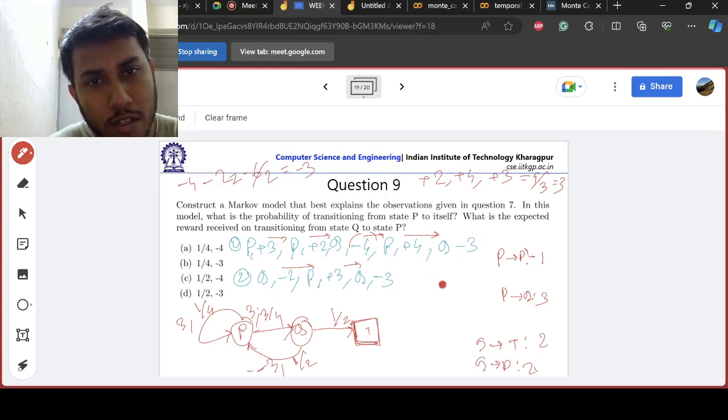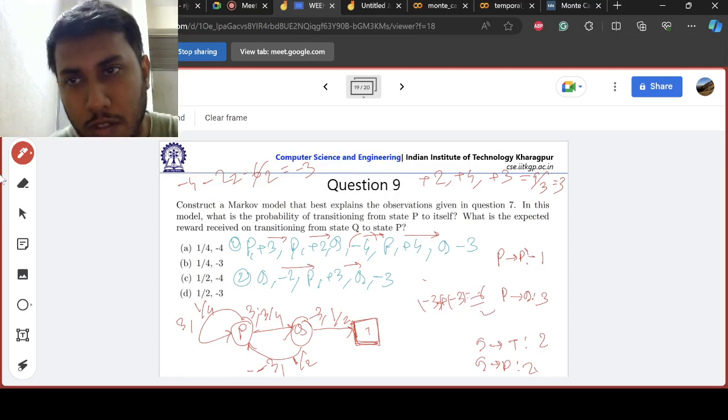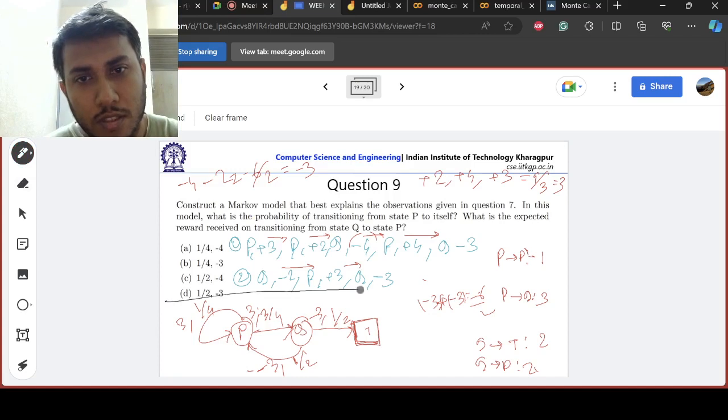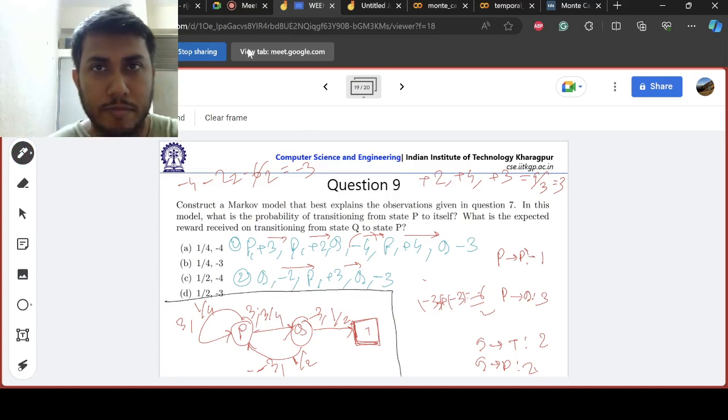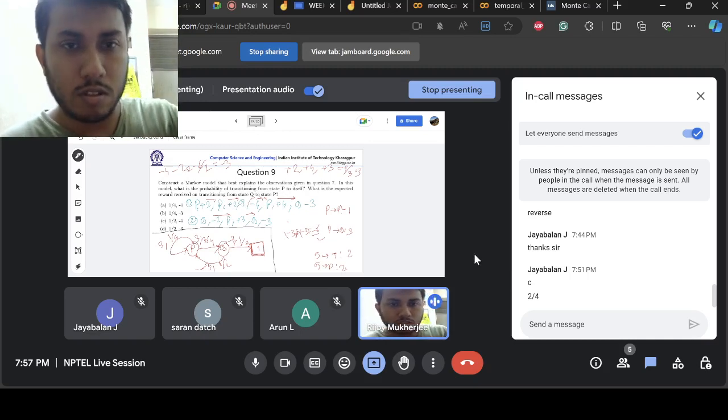So minus 3 plus minus 3 is equal to minus 6, divided by 2, minus 3. Correct. So this is your state transition diagram. Okay, any doubt regarding this?